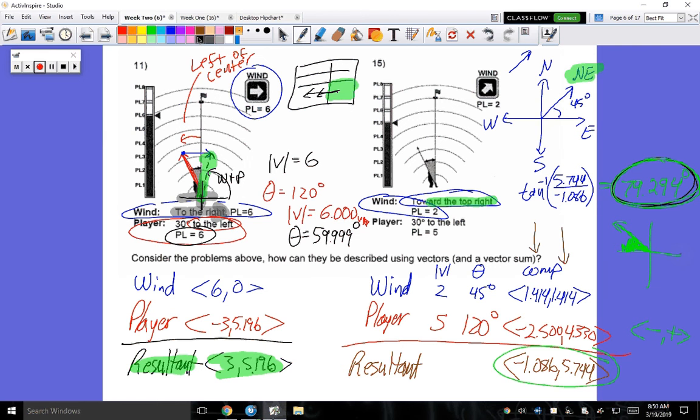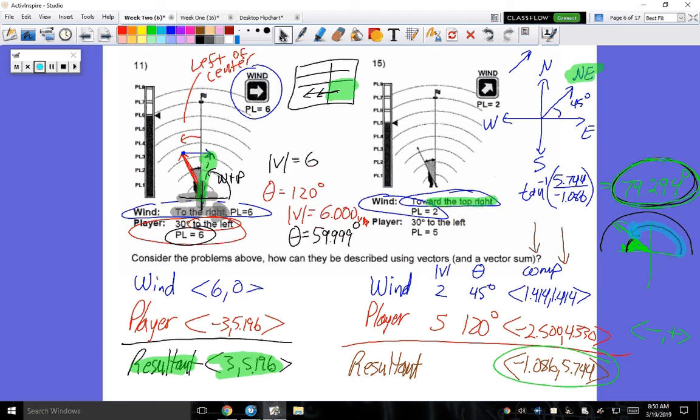So if I go from 0 all the way here, the way I'm going to get that is simply subtracting 180 minus this little smidget of 79.294 will give me the direction this resultant is traveling in. So I'll say 180 minus that positive version.